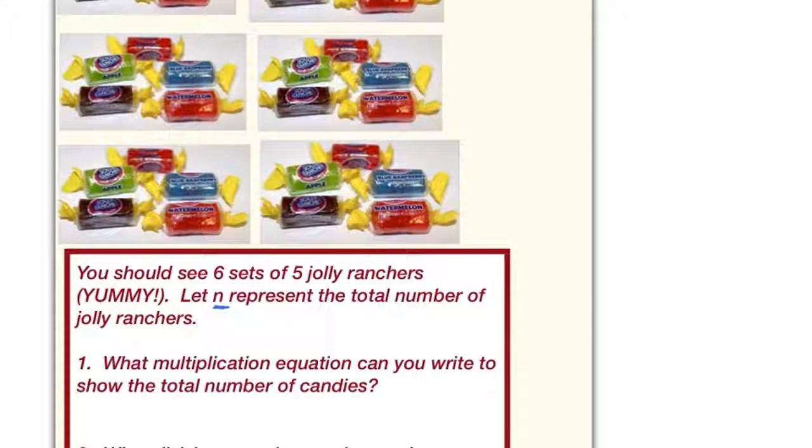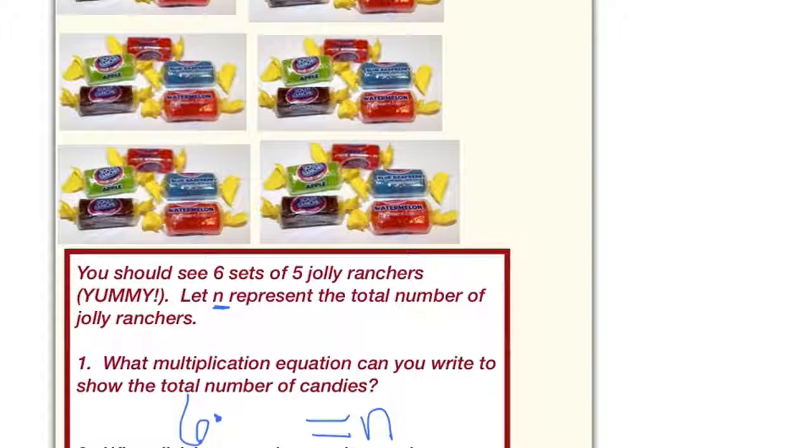Well, if n represents the total number of candies, we would write a multiplication equation that had an equals n, right? And how many groups are there? 1, 2, 3, 4, 5, 6 groups. So we would write 6 times how many in each group? How many Jolly Ranchers are in each group?